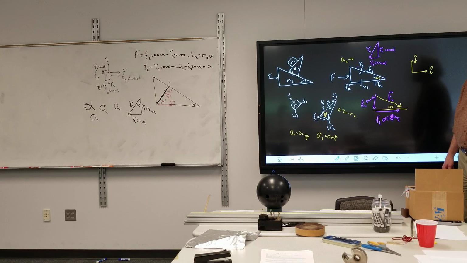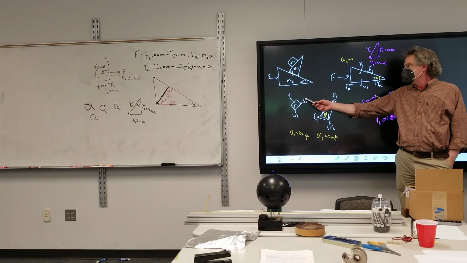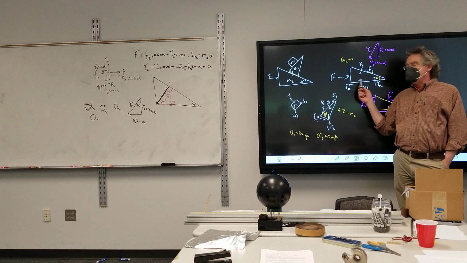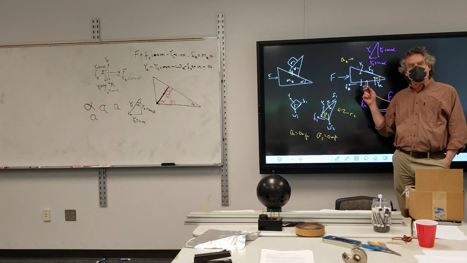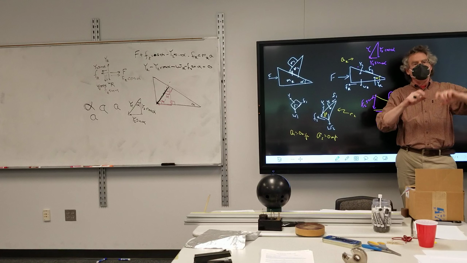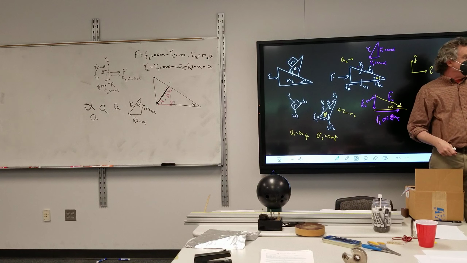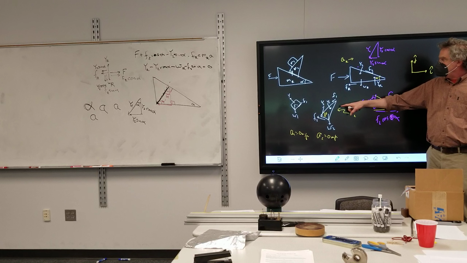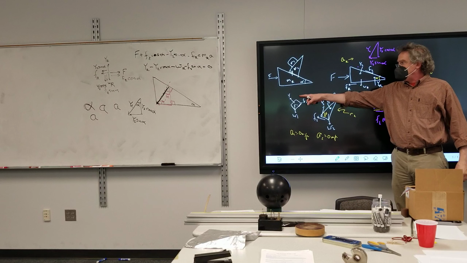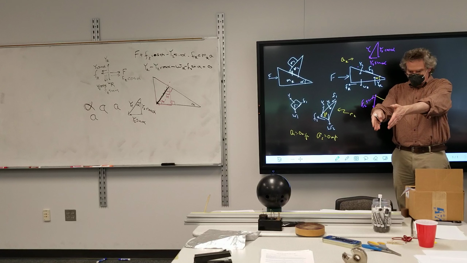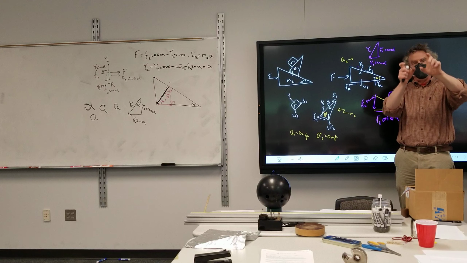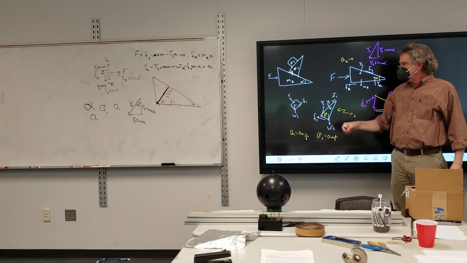If I did it correctly, and I try to do this on all three of them, if you took the forces that I put here and added them together, the net force here should be pointing that way. And since these are not accelerating, if you add those up by taking the actual length that I have there and moving them around, it should add up to zero.